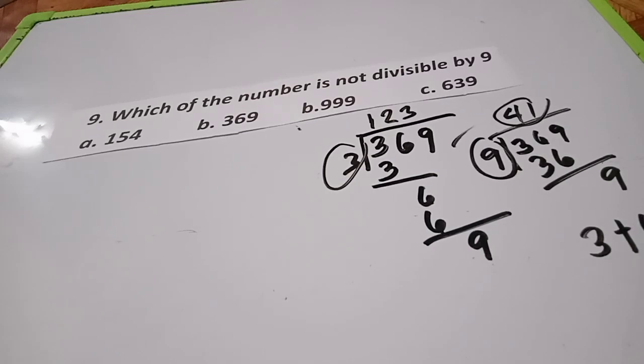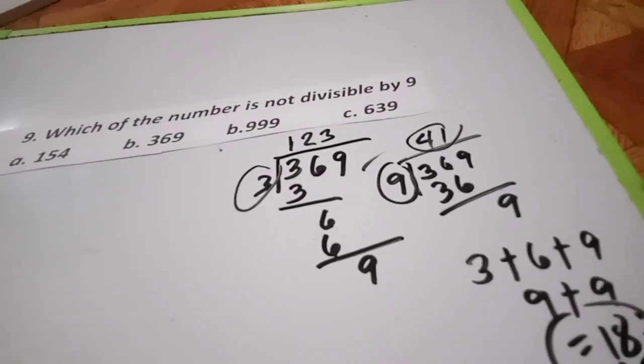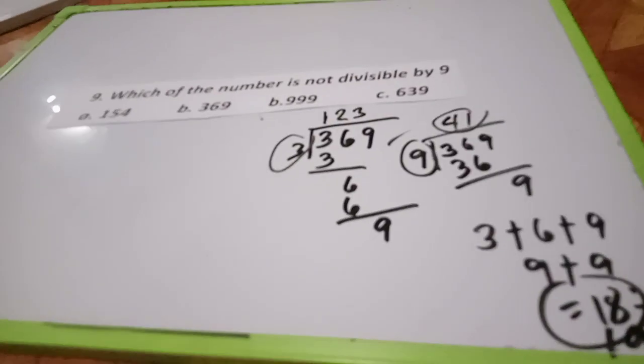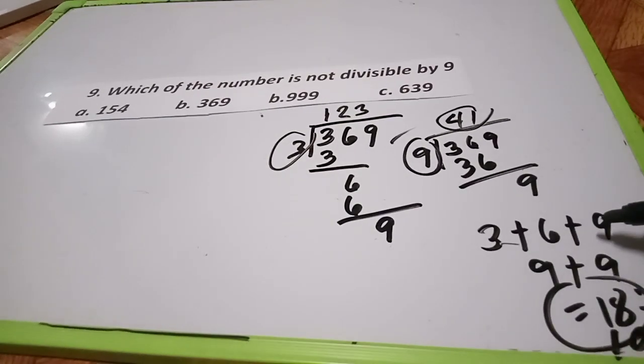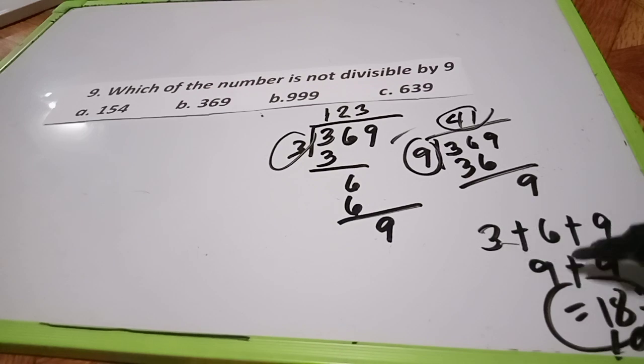So 9 plus 9 is equal to 18. But 18 is also divisible by 3 as well as 9. So that will be the rule.